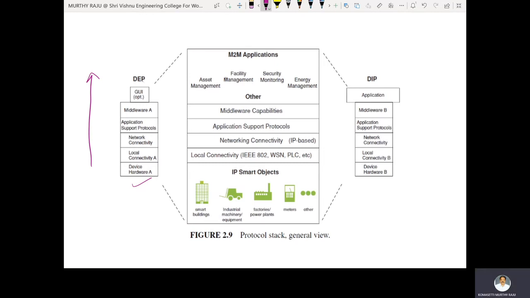That means data ending point, DEP. Here, data integration point. Here some applications are there.